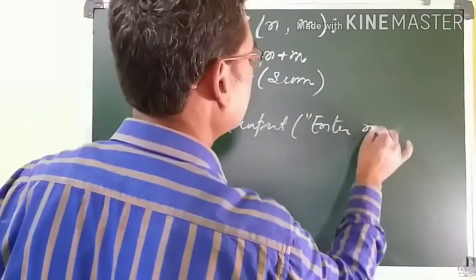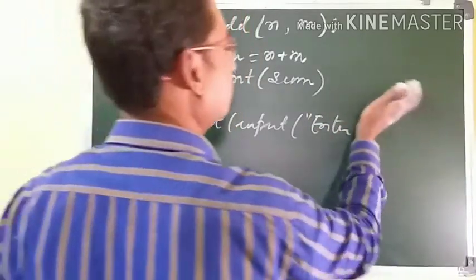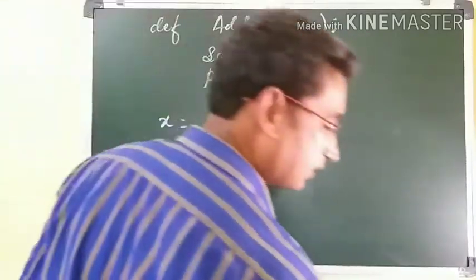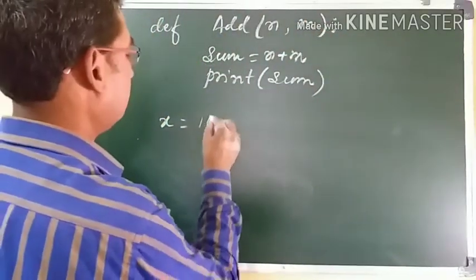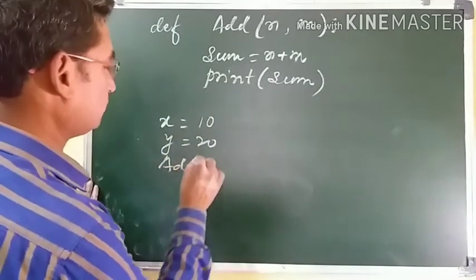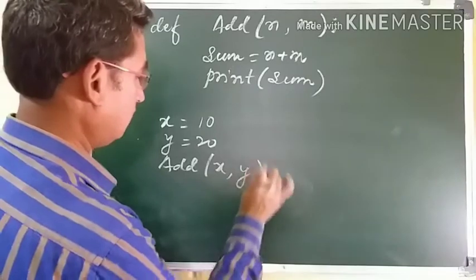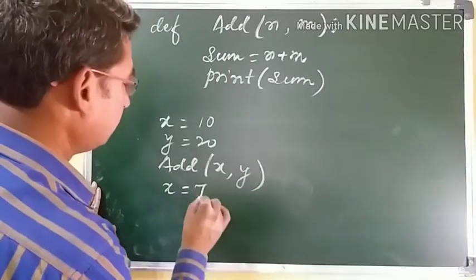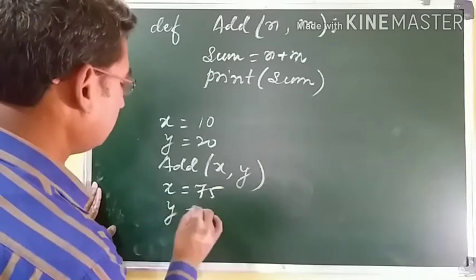Enter. Suppose I'm assigning directly: x is 10, y is 20. Now you are calling the function add x and y here. In the next statement you have written x 75, y 5.